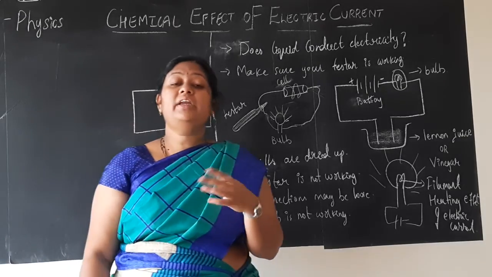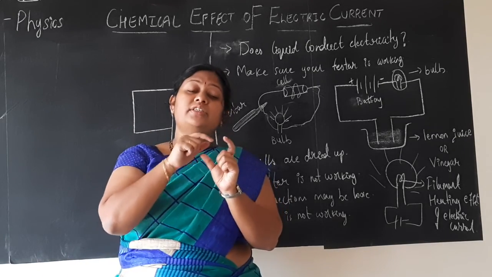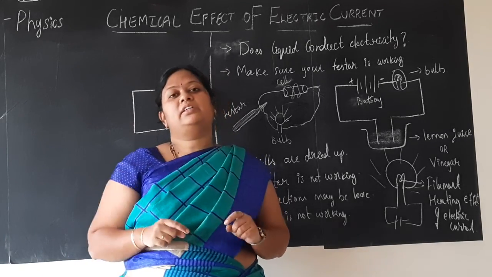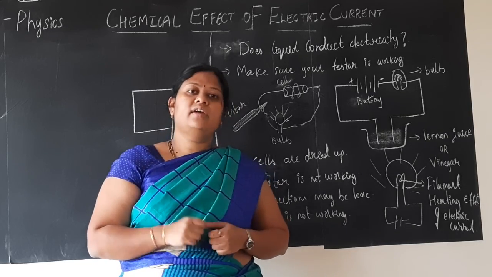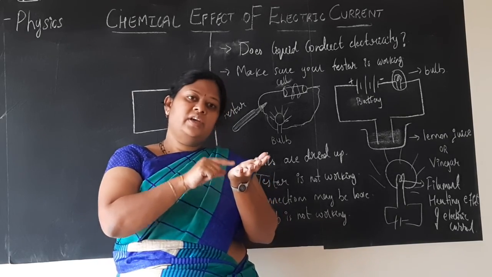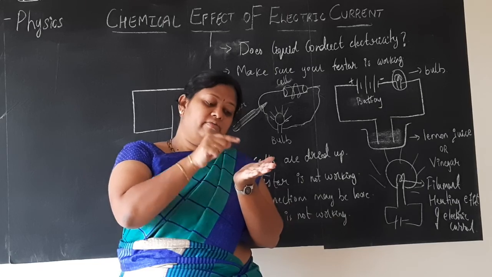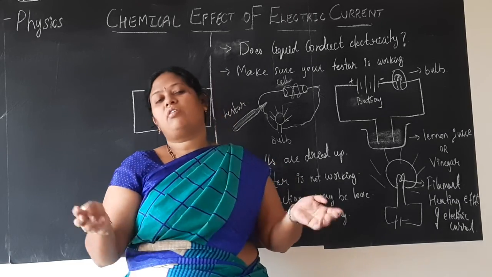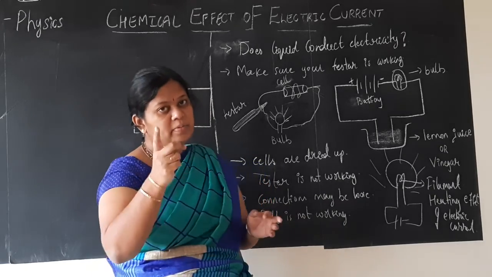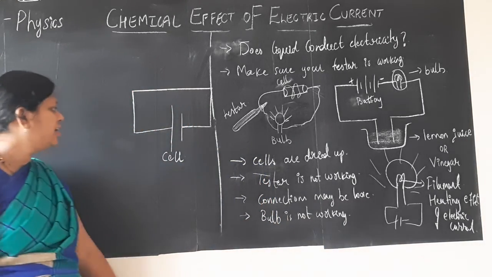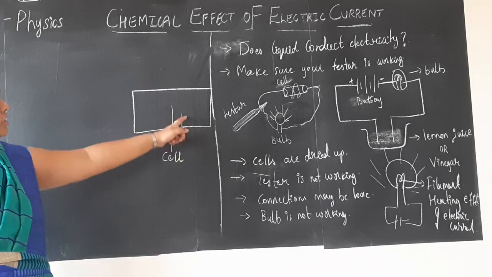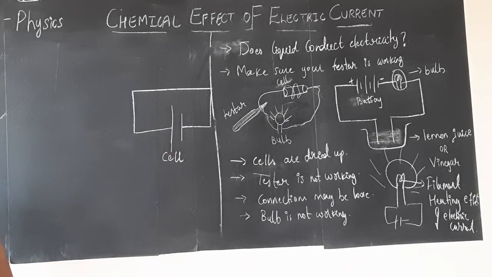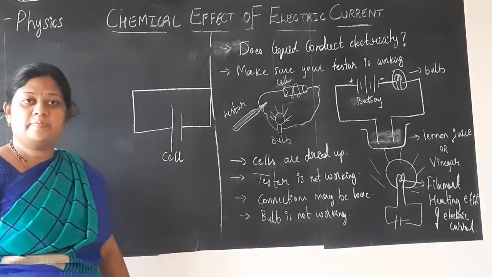Children, just open it and you can check for positive and negative. It will be written on the battery. According to that only you should connect it. Even in the remote, they will mention which side positive and which side negative should come. Like that only you should insert, or else it will not work. Please check it if you have not observed. Like this, if you have one positive terminal and one negative terminal, it is called a cell.